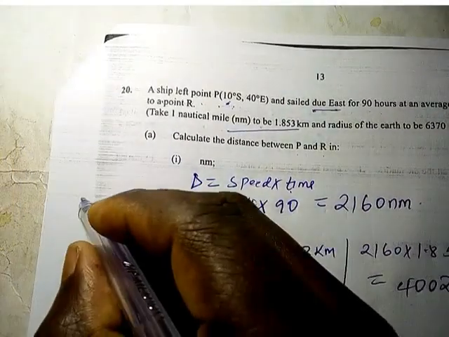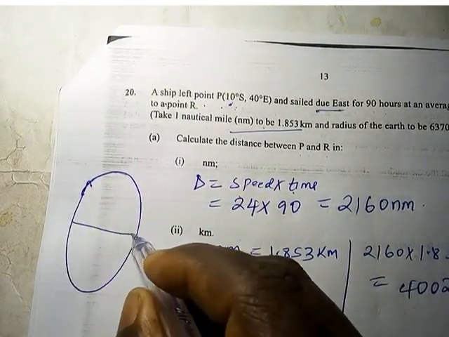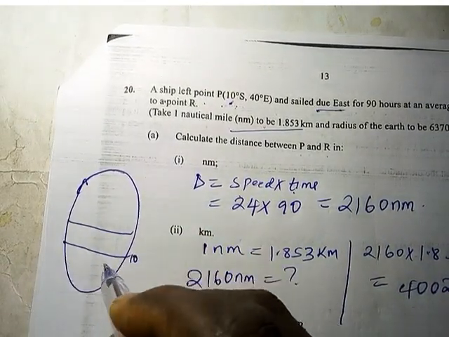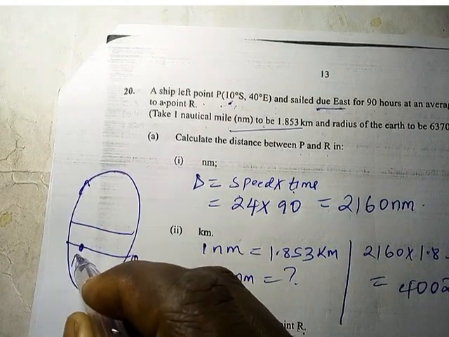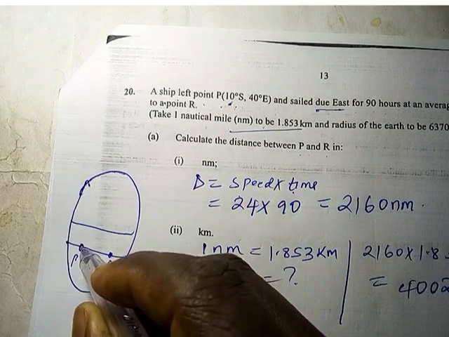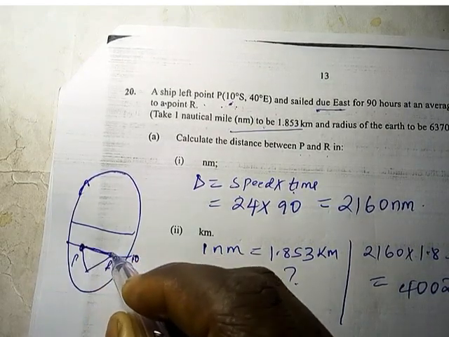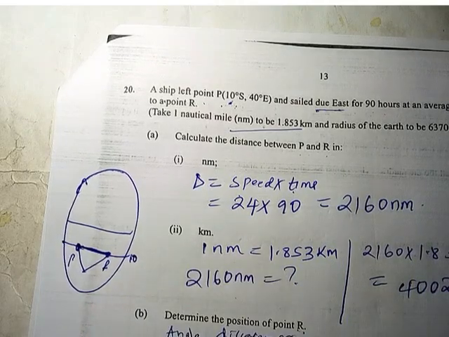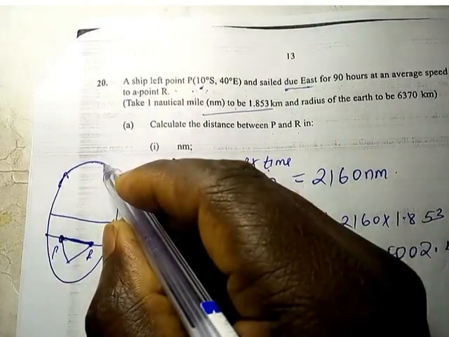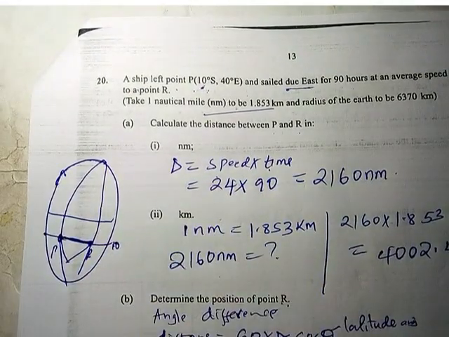So if this is the equator, this 10 is here. So this point P is here and R is here. What they are sharing is this 10. It's moving from here up to here, so they are on the same latitude. What is changing is the longitude.